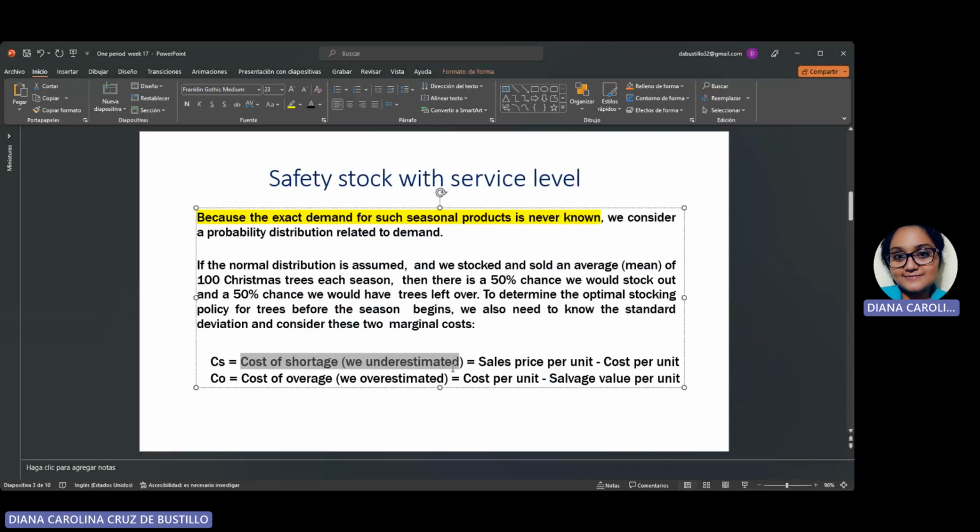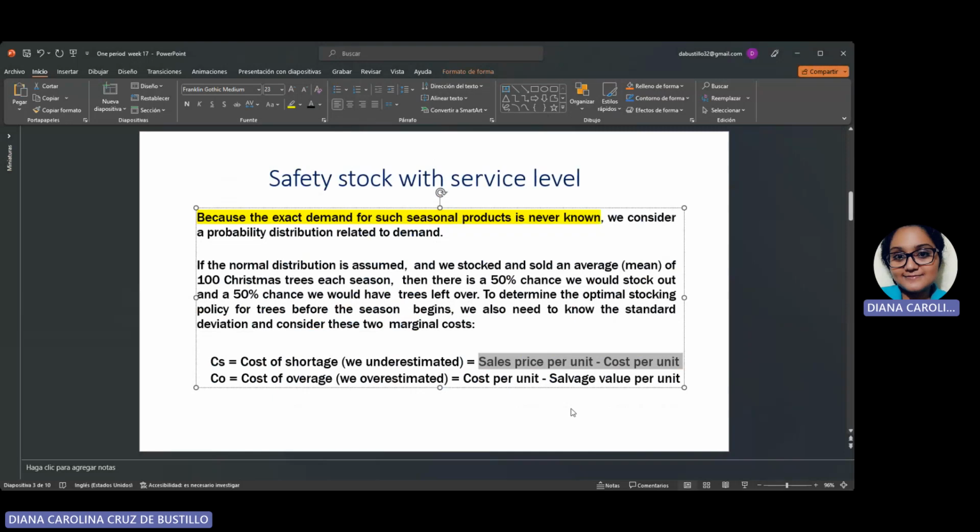The fact of underestimating the demand means that you have an opportunity cost, because there are units that you could have sold that you didn't. And the opportunity cost would be estimated as the sales price per unit minus the cost per unit. Okay, so it's pretty much the earning that you would have had per unit if you had more items purchased.